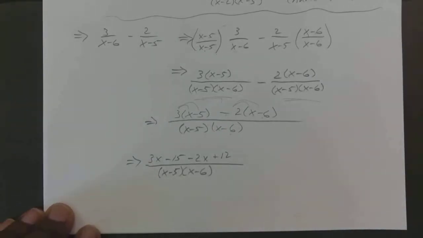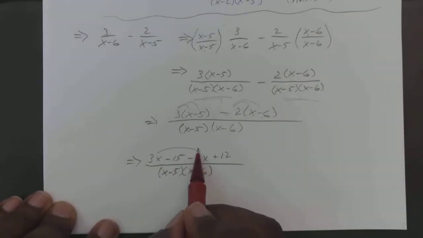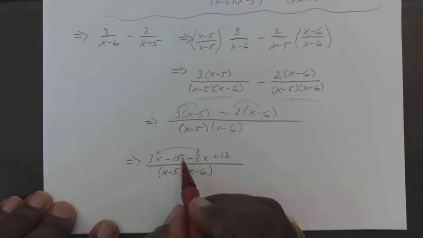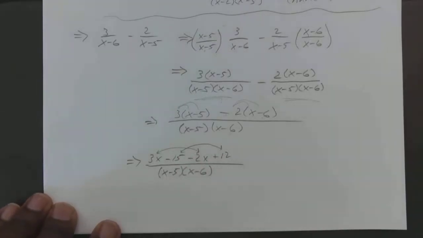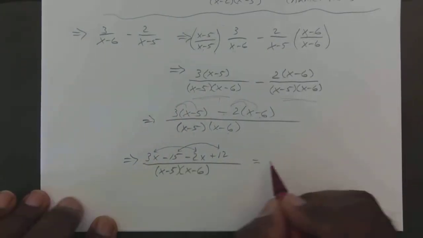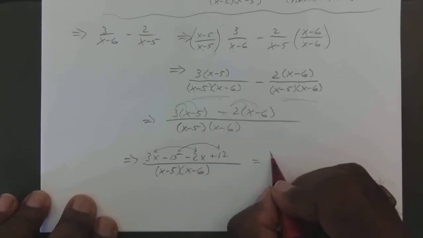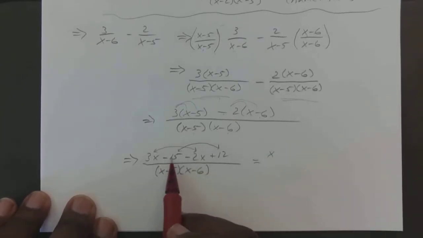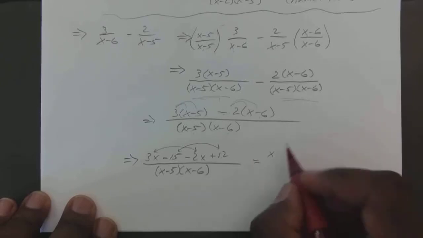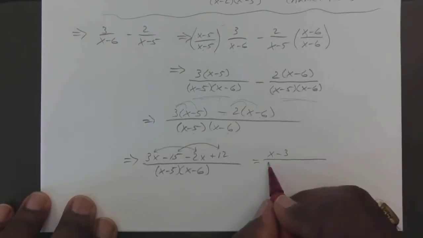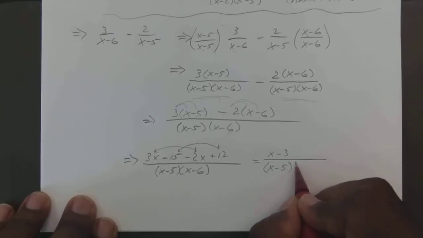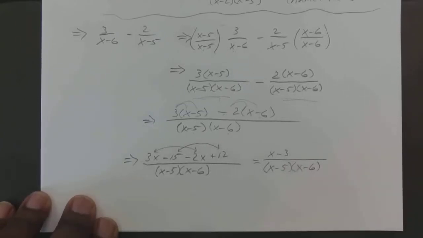Now we do just like we did before, we combine our like terms. We can combine 3x and 2x, and we can combine negative 15 and positive 12. So 3x minus 2x is just x, and negative 15 plus 12 is minus 3, all over x minus 5 times x minus 6.